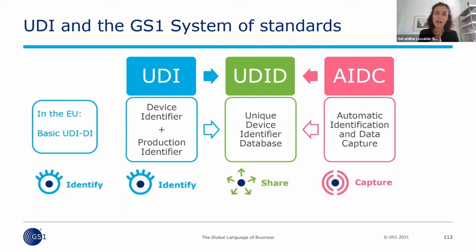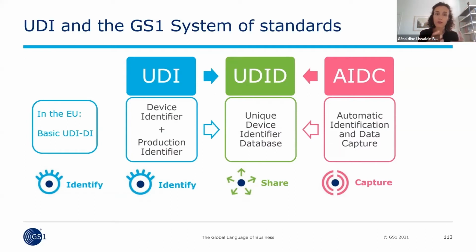That UDI must, and the PIs must be captured both in automatic format and in human readable format. And last but not least, you need to report data elements in the UDI database, which is called EUDAMED for Europe. And these three components, if you draw the parallel with the way we describe the GS1 system, fits perfectly into the GS1 system with these identifiers.